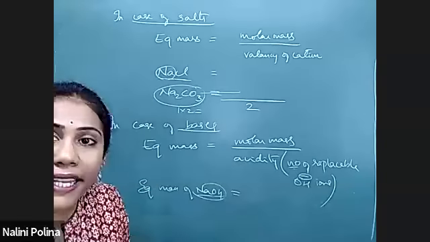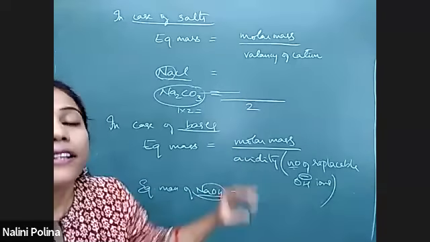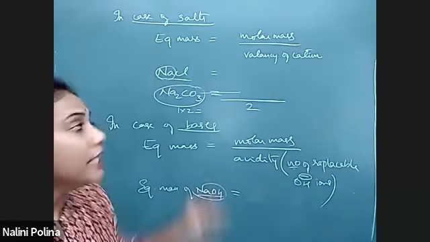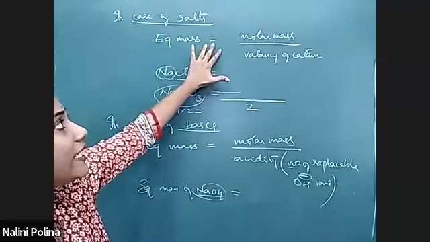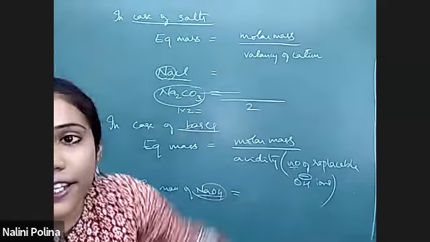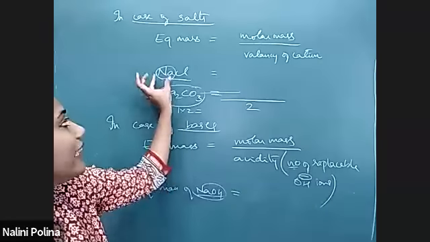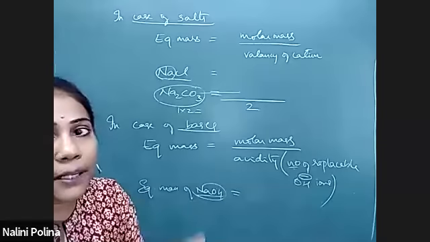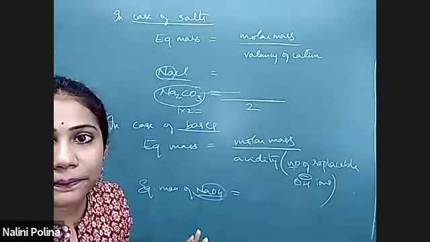If it is a base, equivalent mass is molar mass divided by number of OH minus ions. If it is a salt, equivalent mass can be calculated by molar mass divided by valency of cation. So the cation's valency, but the number of cations you should remember. That number you should multiply.